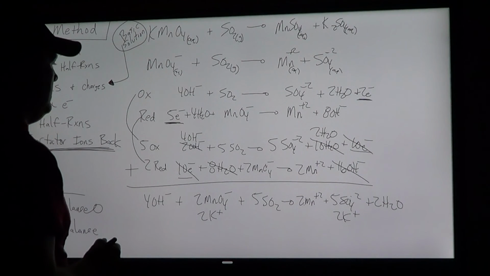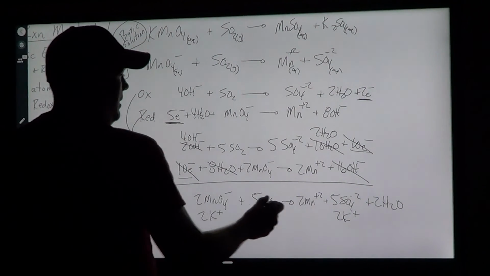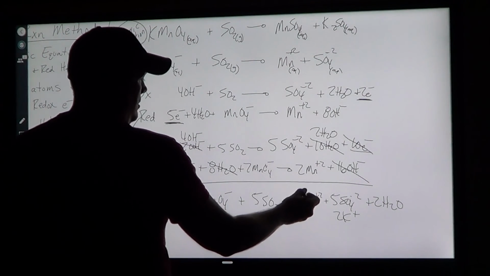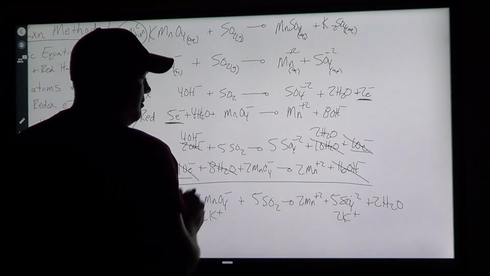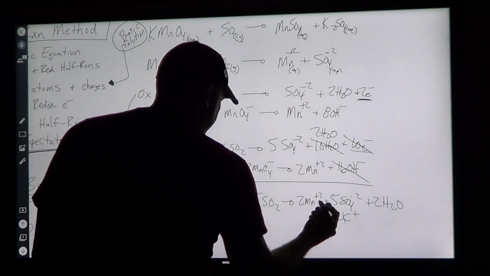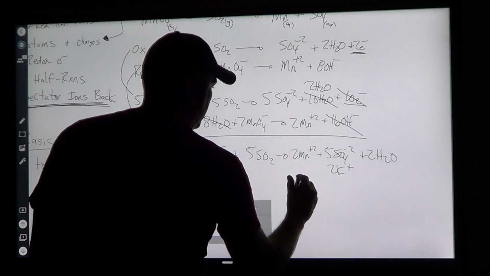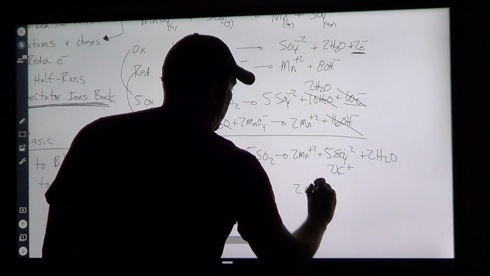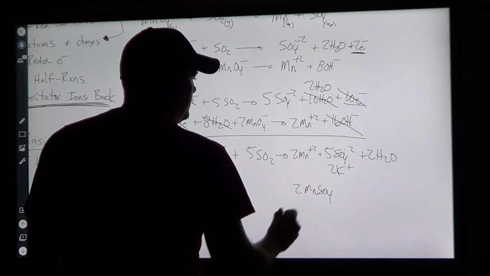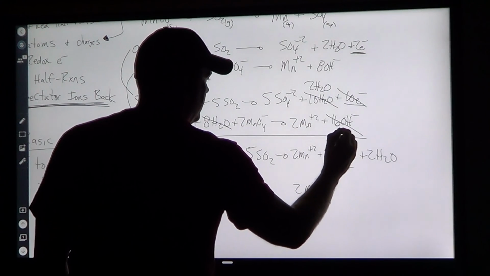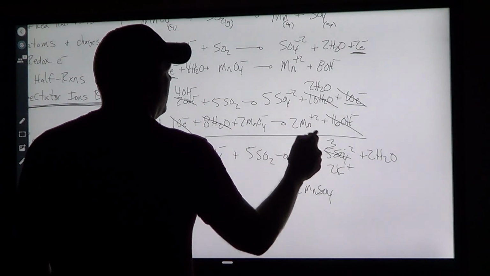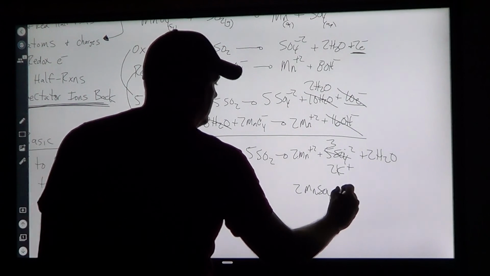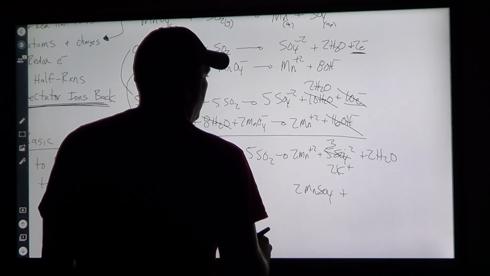And every Mn here came with an SO4. So again, we're going to steal 2 of those, which drops us to 3. Then we're going to put our Ks onto that.